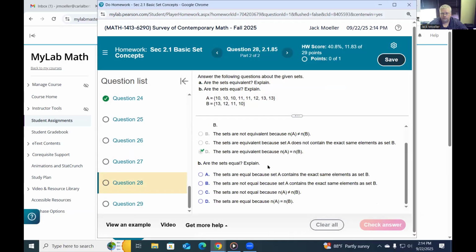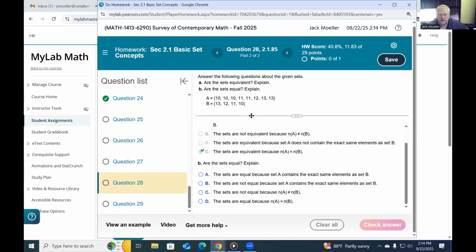Now, are they equal? Well, we already said don't list repeats. So take those repeats, cross them off so you're not even looking at them. A would be 10, 11, 12, 13. B would be 13, 12, 11, 10. So what does that mean?